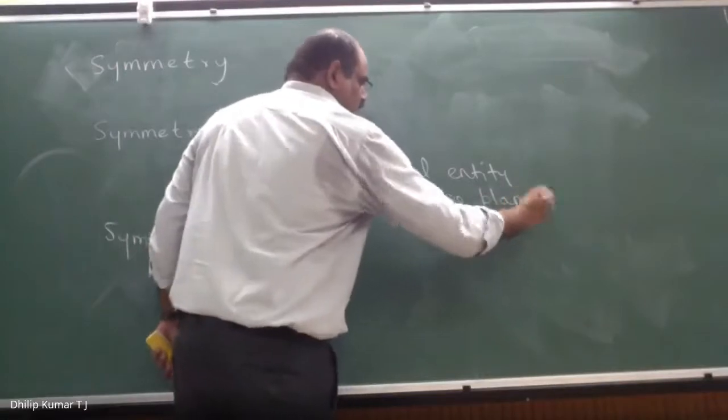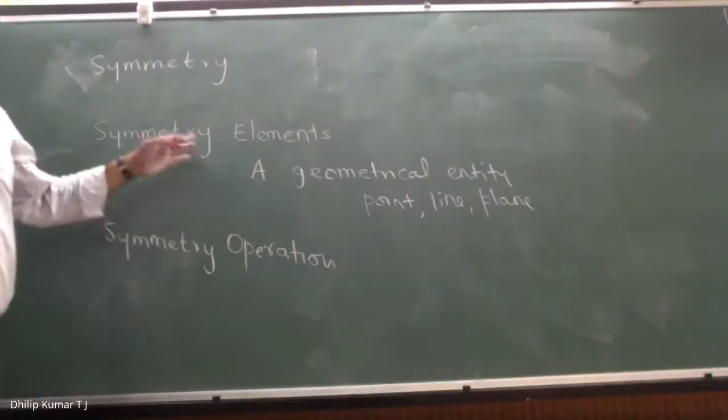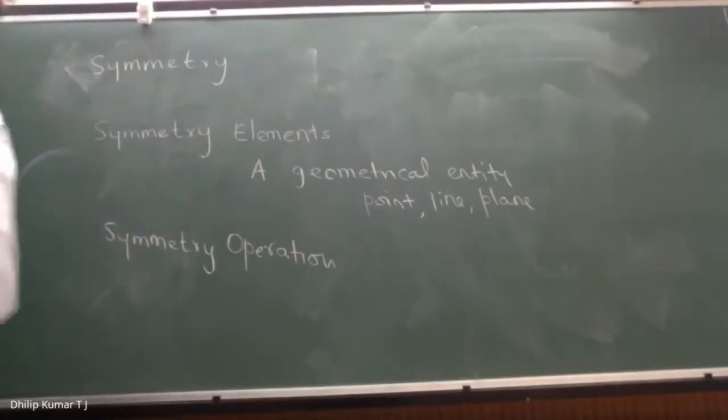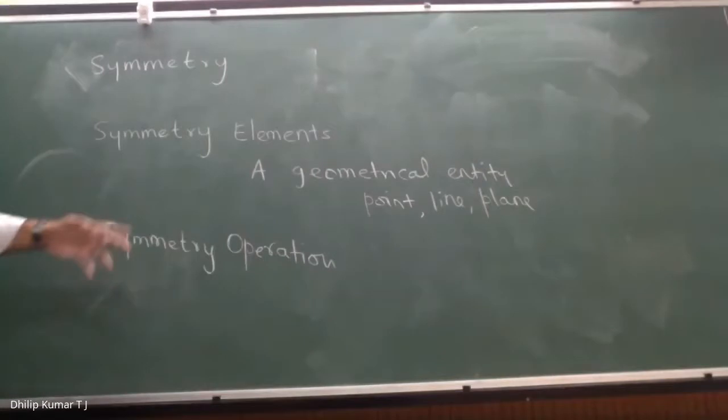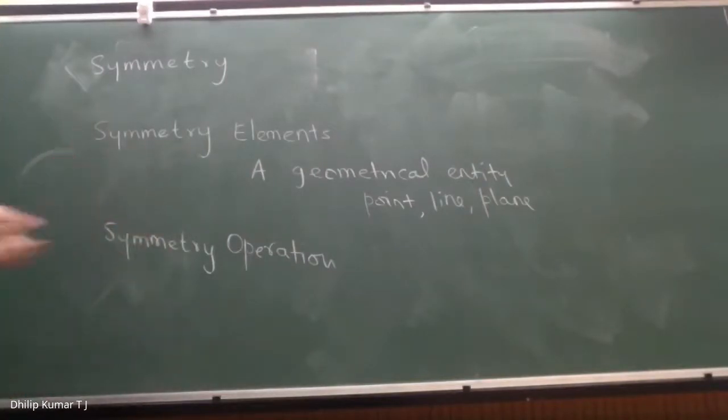So in a molecule, you can have symmetry elements. A symmetry element could be a point, a line, or a plane. Based on this entity, you can find out the symmetry of the molecule. That's why it's called a symmetry element.